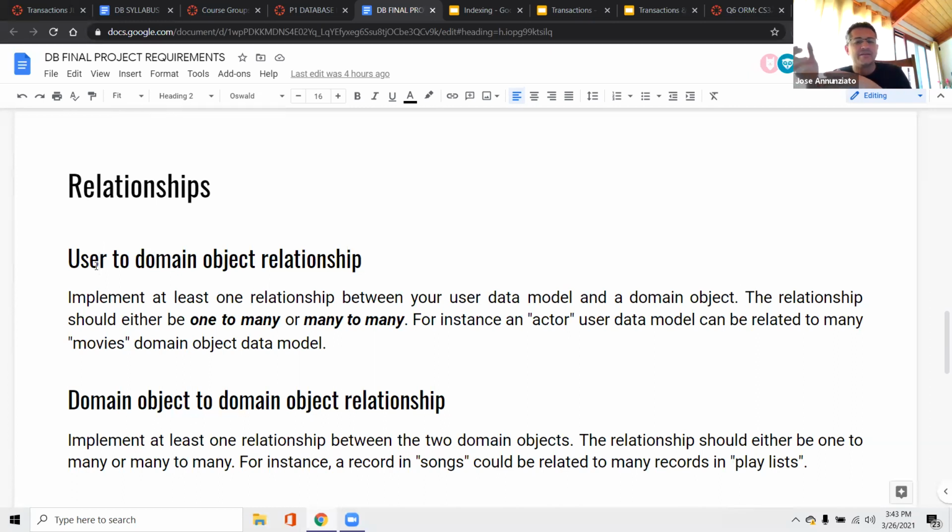Okay, and that's a many-to-many relationship, right? One actor can act in many movies, and given a movie, you can have many actors. So that's a many-to-many relationship. Okay, so you have to have at least one relationship between a user and a domain object. That relationship could be whatever you want. It could be a one-to-many relationship. It could be a many-to-many relationship.